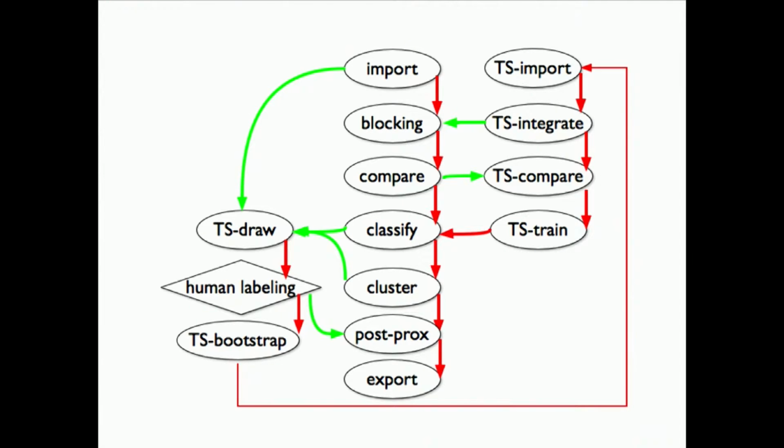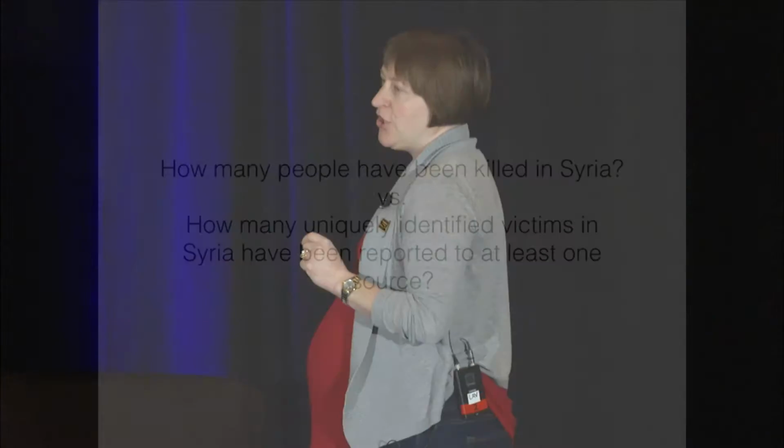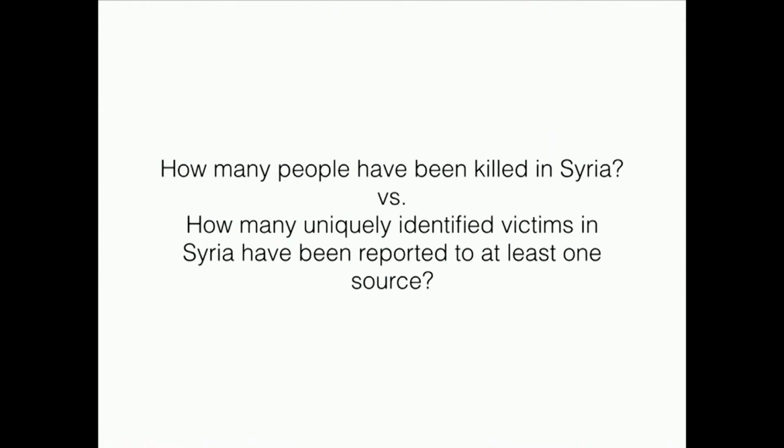And what we're going to have at the end of that problem is a database that tells us the number of uniquely identifiable victims who've been documented by one or more of the sources that we have access to. Now, that's not the same as the question that I started this talk with, because I have slightly misled you.